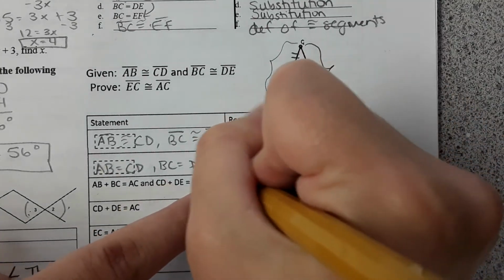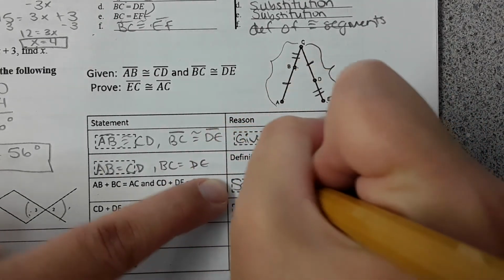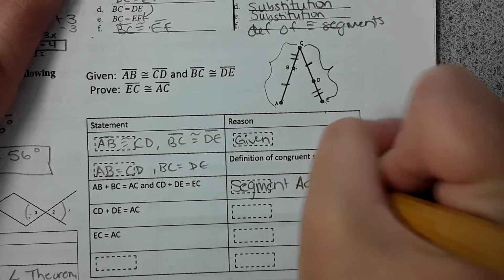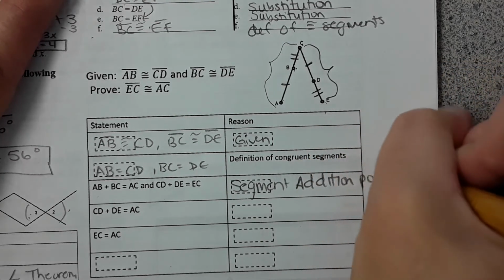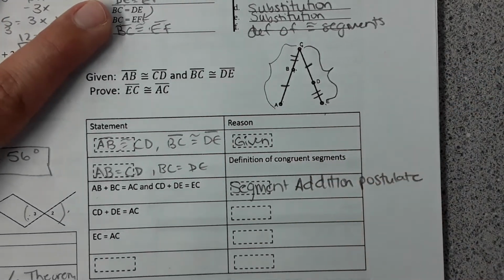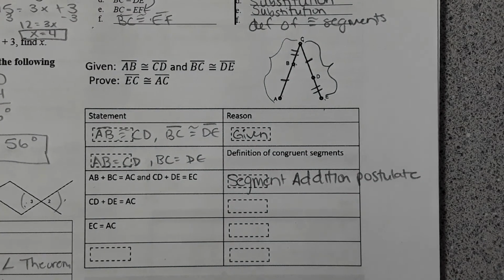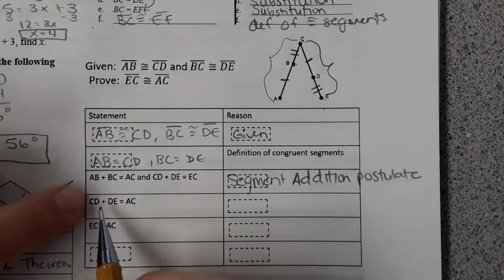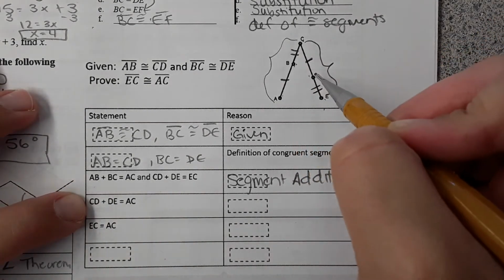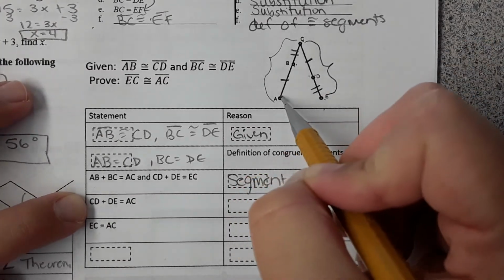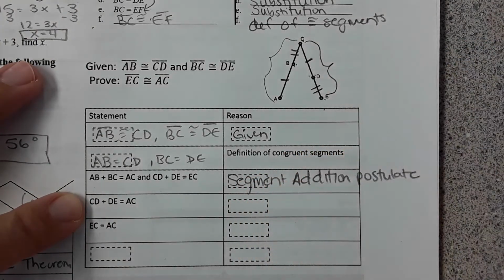That is segment addition postulate. And then we have CD plus DE equals AC. They're using substitution.